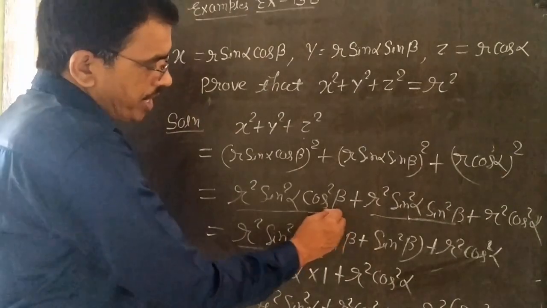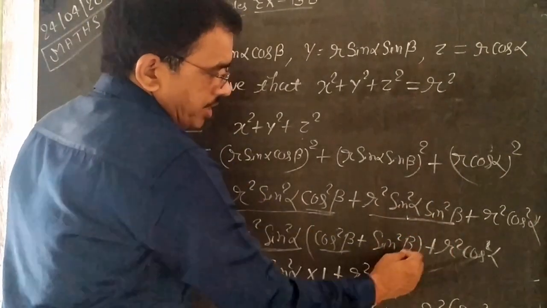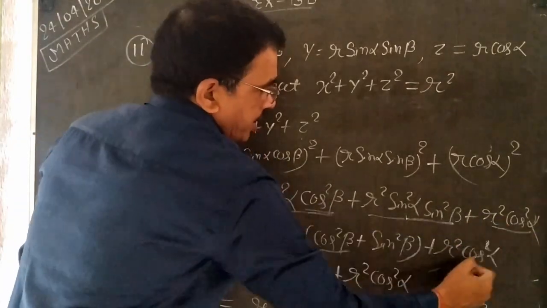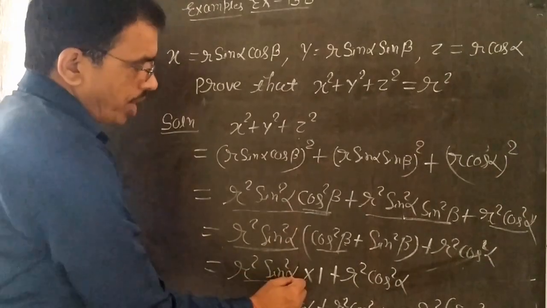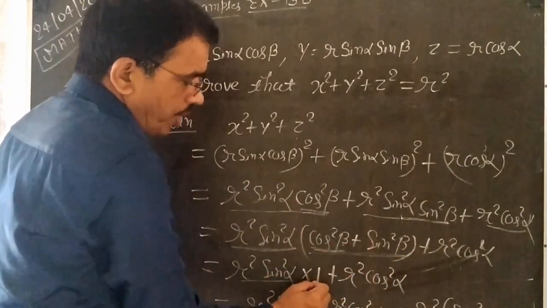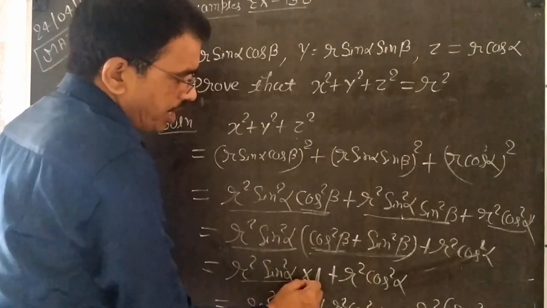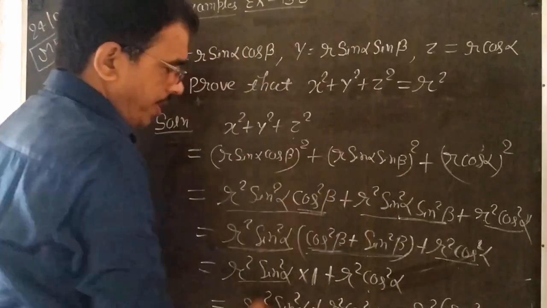What remains here? Cos square beta plus sin square beta, and plus r square cos square alpha. Next step, it is r square sin square alpha, but sin square beta plus cos square beta is 1. So I write here 1 as the multiplier, plus r square cos square alpha.